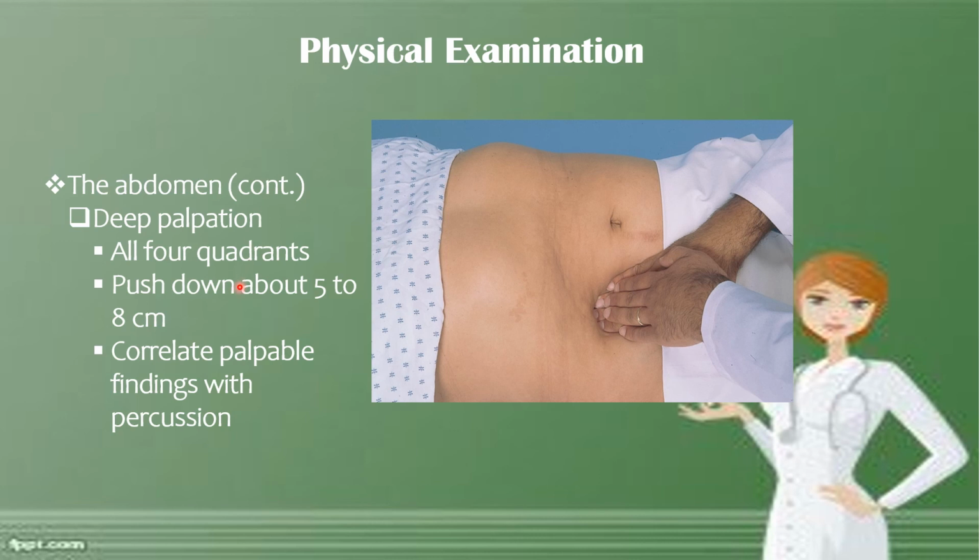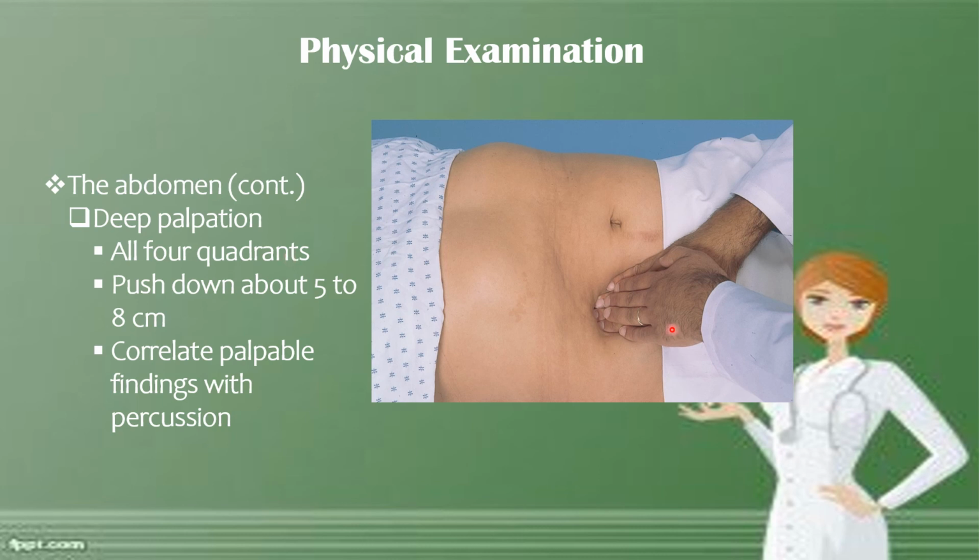As mentioned in the previous slides, there are two types of palpation, the light palpation and the deep palpation. Now proceeding with the deep palpation, which is usually required to delineate the liver edge, the kidneys, and abdominal masses.